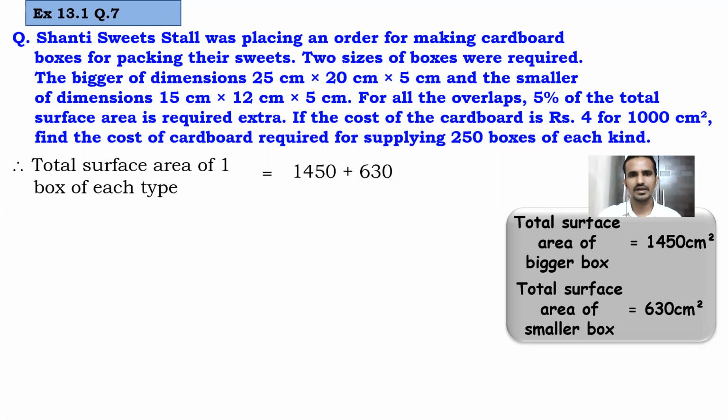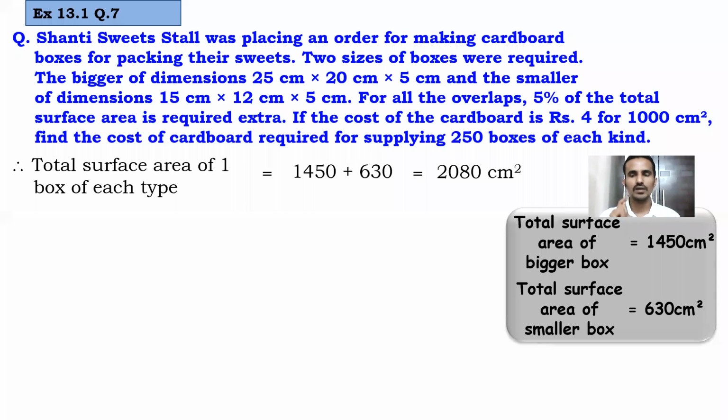So for the bigger it is 1450 and for the smaller it is 630. So 1450 plus 630, just add them. So it will be 2080. So this is the total surface area of one box of each type. दोनों का मिला के एक स्मॉलर और एक बिगर का मिला के होता है 2080.